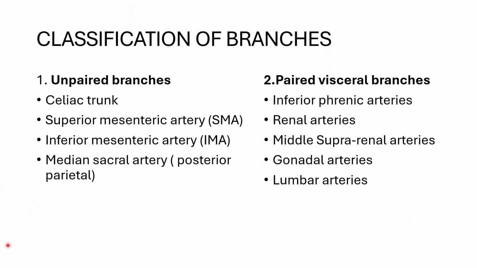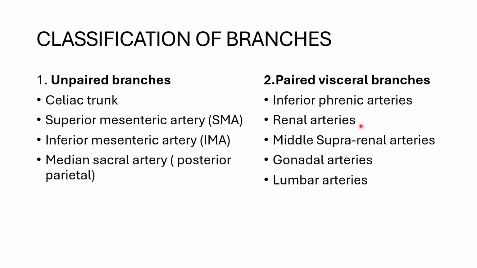So let's learn about the branches of the abdominal aorta. It is classified into paired and unpaired branches. Unpaired branches include the celiac trunk, superior mesenteric artery, inferior mesenteric artery, and median sacral artery. The median sacral artery is the posterior parietal artery, whereas the celiac trunk, superior mesenteric, and inferior mesenteric arteries are the anterior branches.